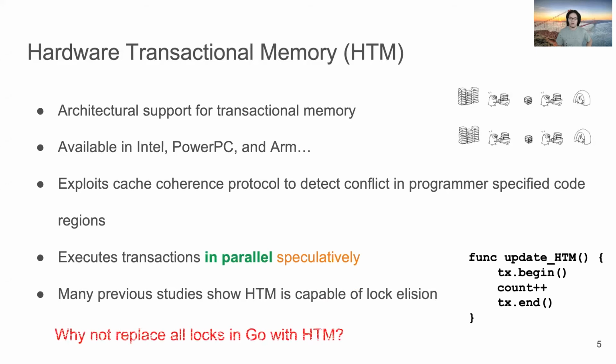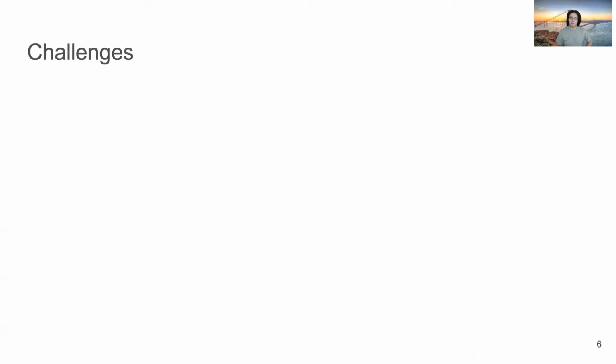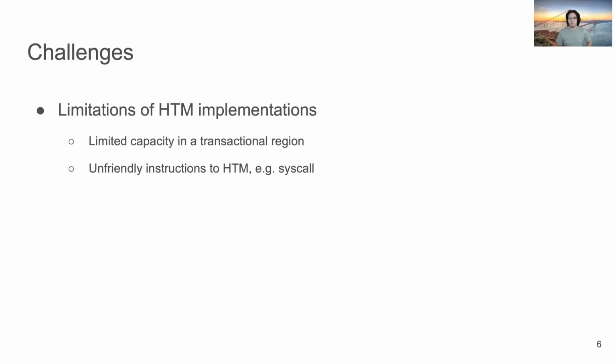If HTM is that great, why not replace all locks in Go with HTM? Well, there are several challenges. The fundamental reason is the limitation of HTM implementation. Since hardware resources are limited, it cannot support unlimited tracking of transactional regions.